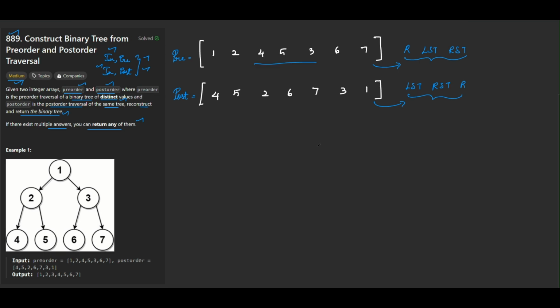Now, I want you to imagine that we have already built a function. That function takes some parameters and builds the tree. Let's name the function build, and it takes two parameters: the starting value and the ending value, I mean, the range of values from the pre-order traversal array.